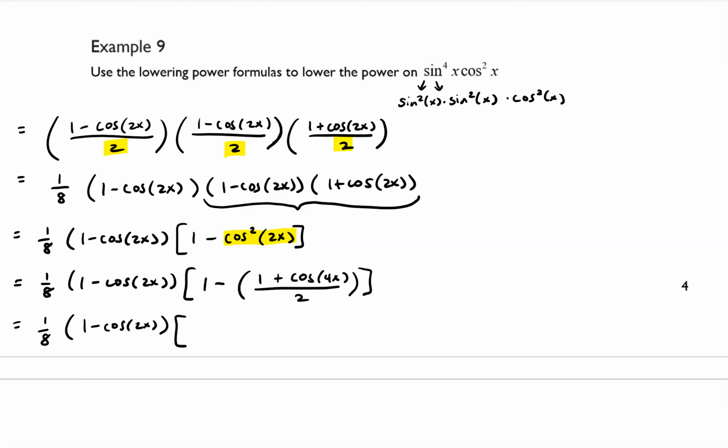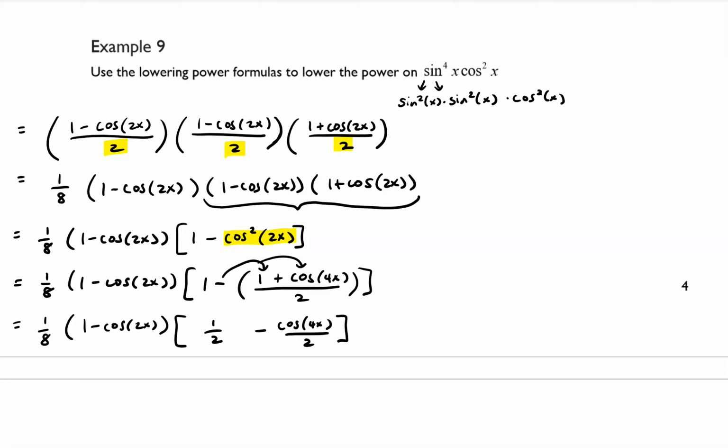I'm going to change the 1 into 2 over 2, and then I'm going to distribute the negative sign into both of these. And I'm also going to, at the same time, split this up into two fractions. So I'm going to have minus 1/2 minus cosine of 4x over 2. And 2 over 2 minus 1 over 2 is going to change into 1/2.